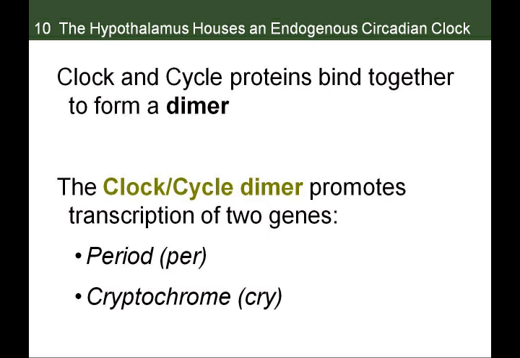DNA, exactly, absolutely. DNA to RNA, that's transcription. But what makes the DNA get to the RNA is the transcription factors. So the clock-cycle dimer, when they dimerize, and only then, promotes the transcription of two genes, the period and the cryptochrome, the per and the cry.